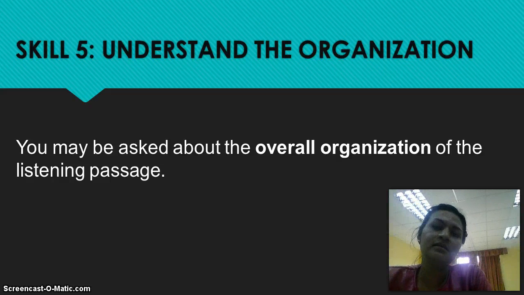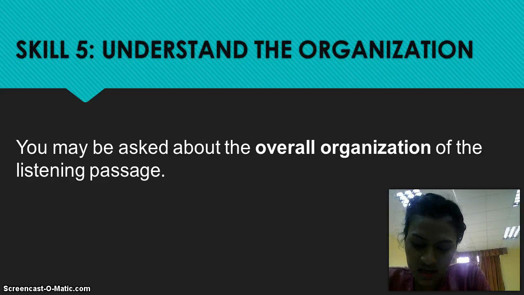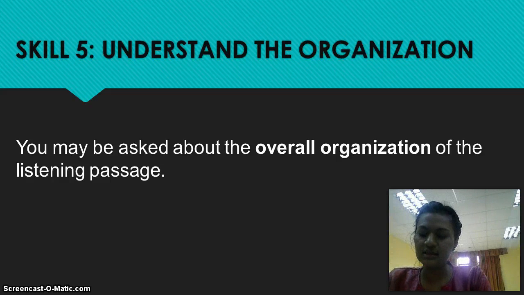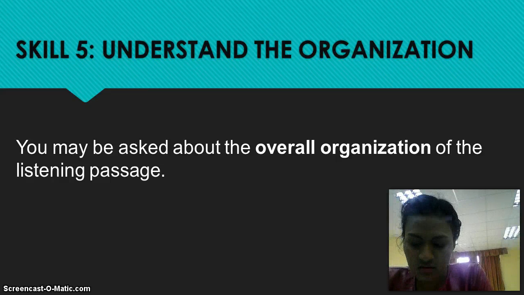Information to answer organization questions is generally not from one point in the passage and may not be directly stated. It is necessary to understand all the main points and how examples and details relate to each other and to the overall organization of the passage.